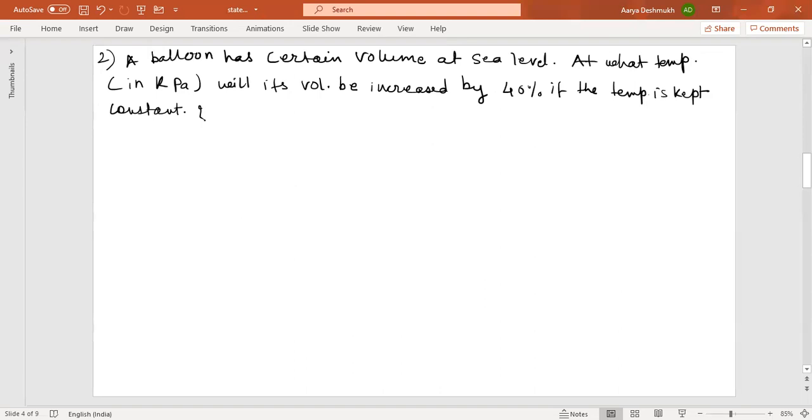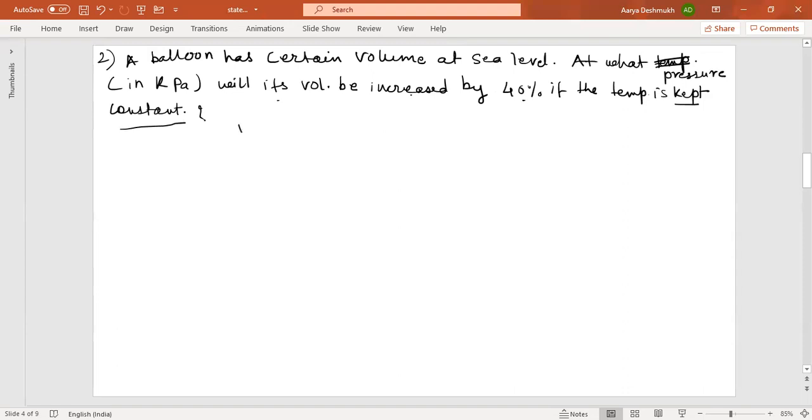At what pressure in kilopascal will its volume be increased by 40% if the temperature is kept constant? So this is a big hint for you: you have to use Boyle's law for this.